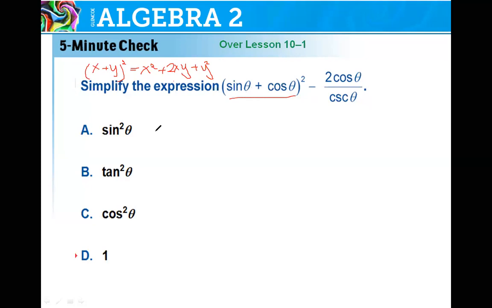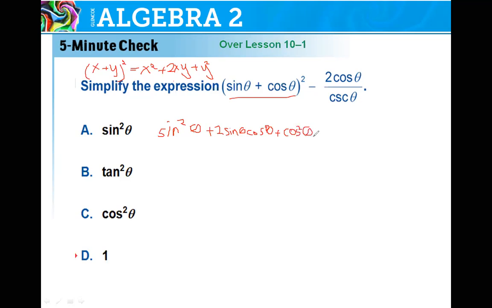Okay, so sine theta squared, so sine square theta, plus 2 times sine times cosine, yes, 2 sine cosine, plus cosine squared. Excellent. 2 sine cosine plus cosine square theta.